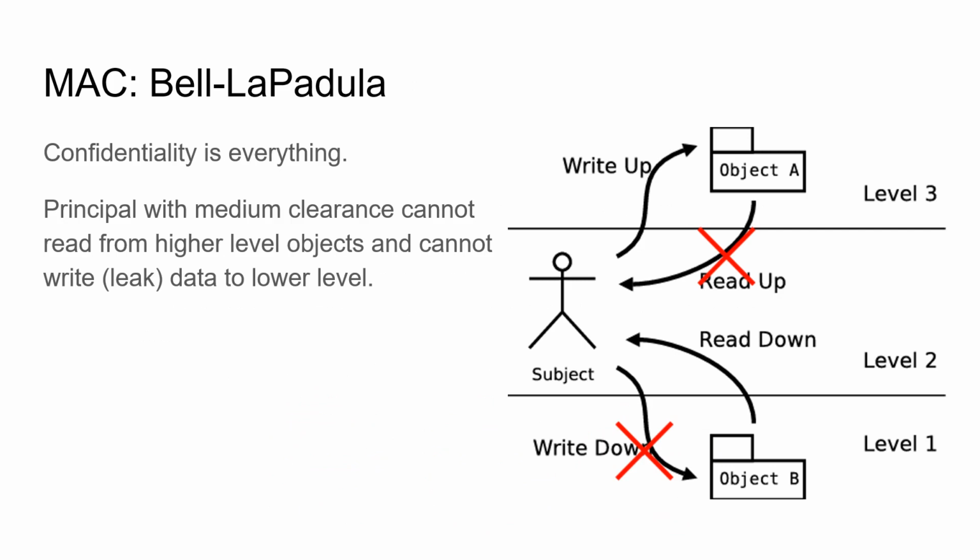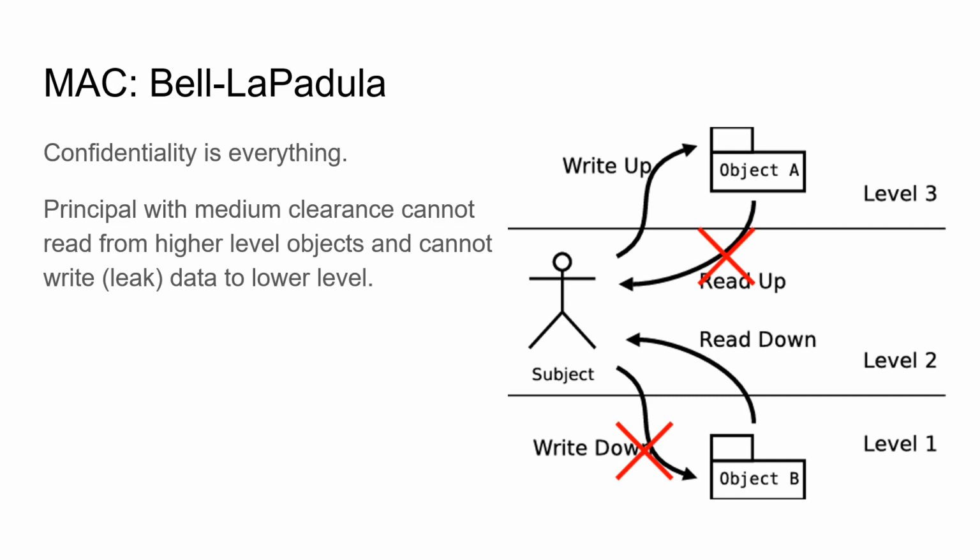And the model determines that a principal that has medium clearance cannot read any data that is produced by a principal at a higher level. So, for instance, if you have clearance for secret data, you cannot read any data provided by a principal with top secret clearance.